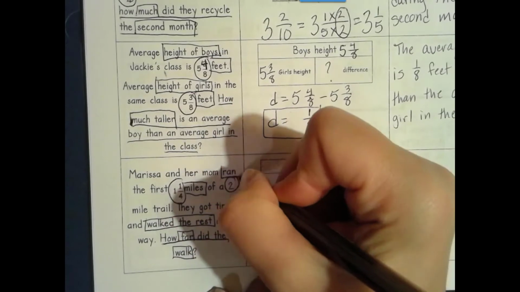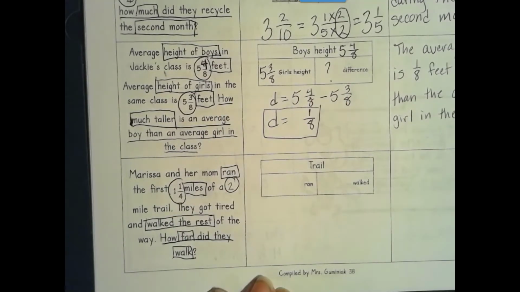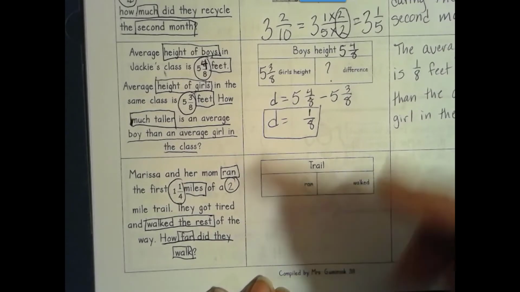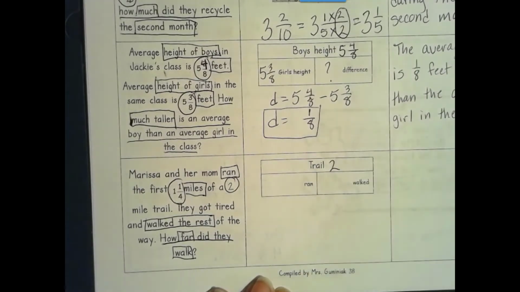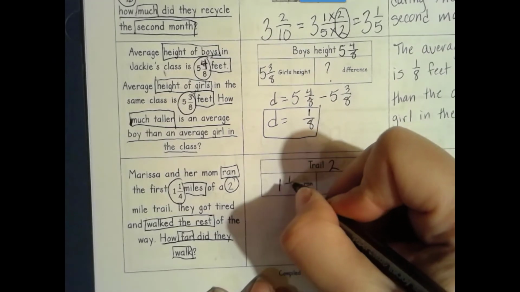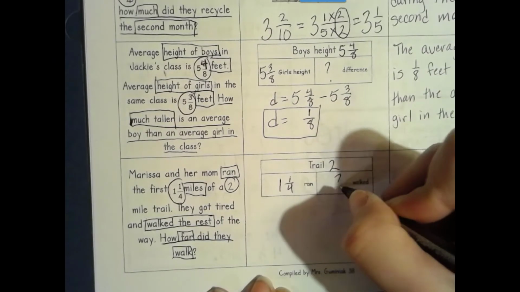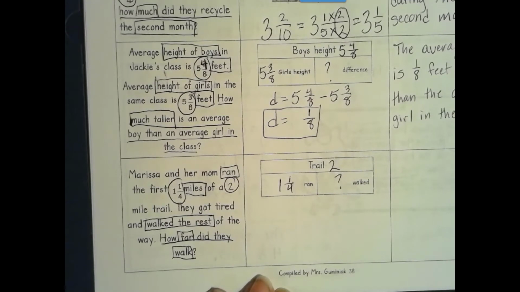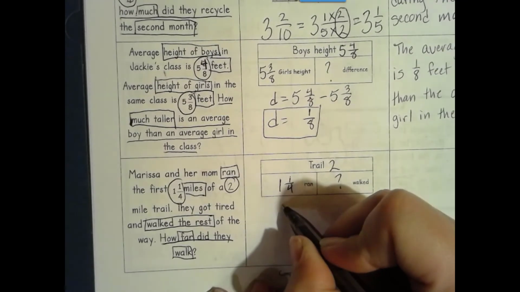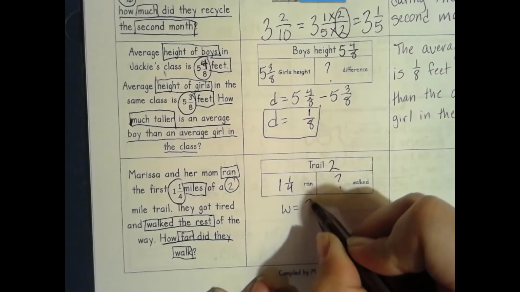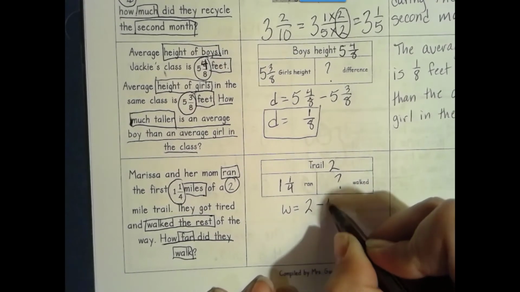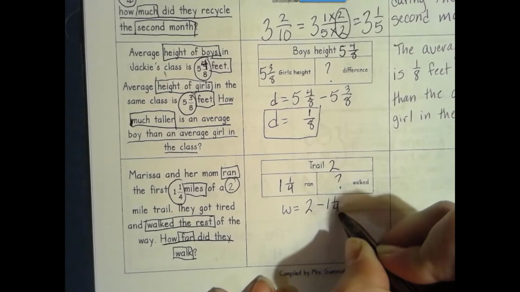They ran the first part and walked the rest. Do we know the total amount of the trail? Yeah, it's 2 miles. Do we know how much they ran? Yep, 1 1/4. Do we know how much they walked? No, we do not. So we want to figure out how much they walked. So we have our total amount, take away how much they ran.